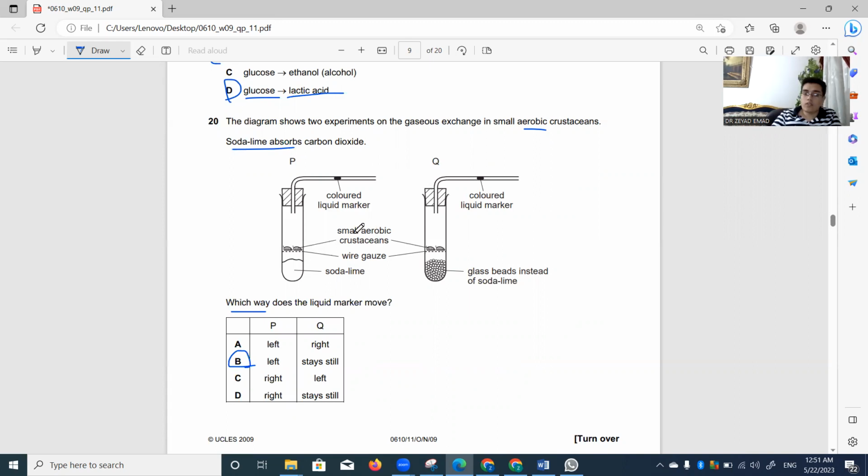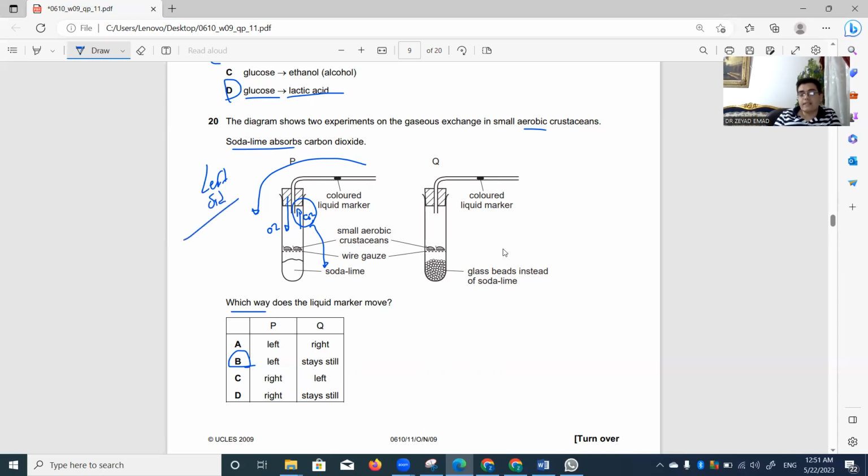Here we have small aerobic crustaceans. Aerobic respiration occurs and oxygen is taken in, carbon dioxide is given out. But carbon dioxide now is absorbed by soda lime. So we only have the effect of the absorption of oxygen by the crustaceans, so it moves to the left side.